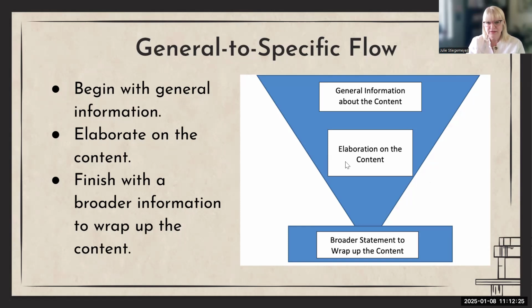Here's where we would put examples, explanations, paraphrases, and then we wrap up with a broader statement, connecting to that opening. So this is really a true flow for the whole paper, as well as for each paragraph in the paper.